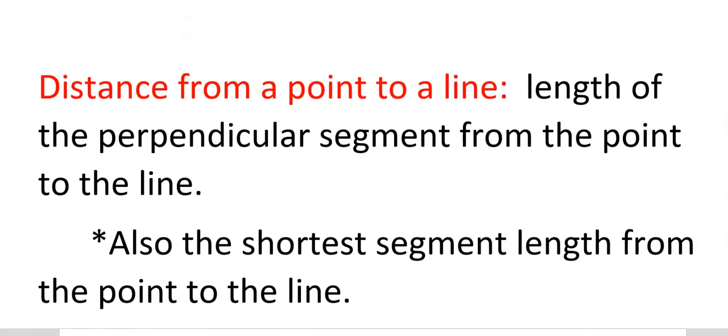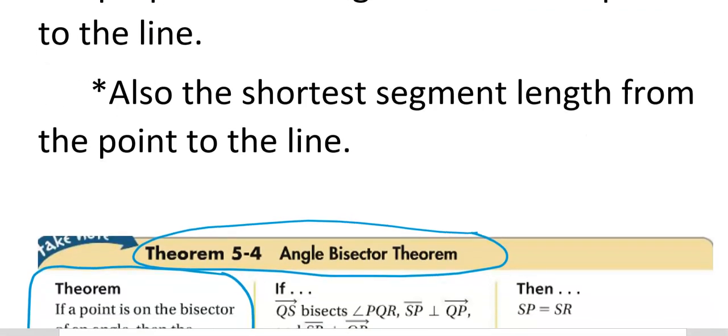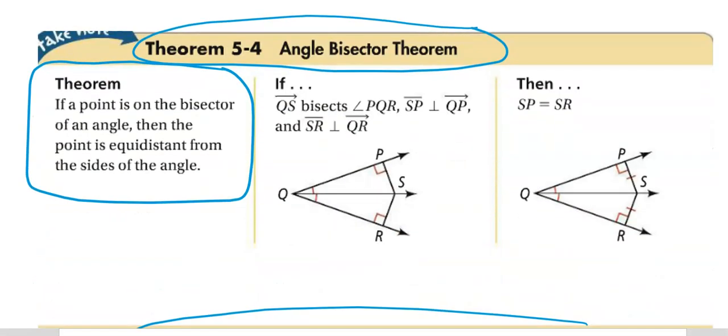Distance from a point to a line. The length of the perpendicular segment from the point to the line is the shortest segment that you are looking at. Angle bisector theorem. If a point is on the bisector of an angle, then the point is equidistant from the sides.